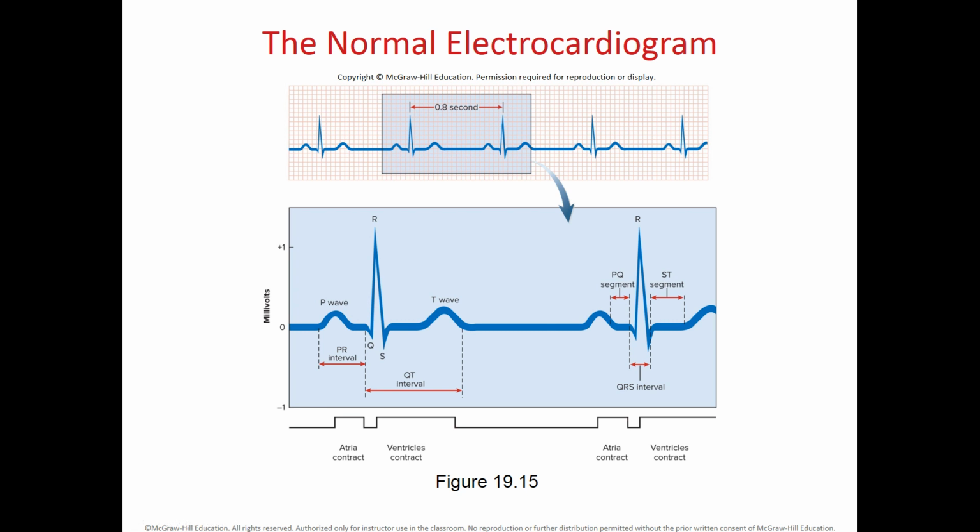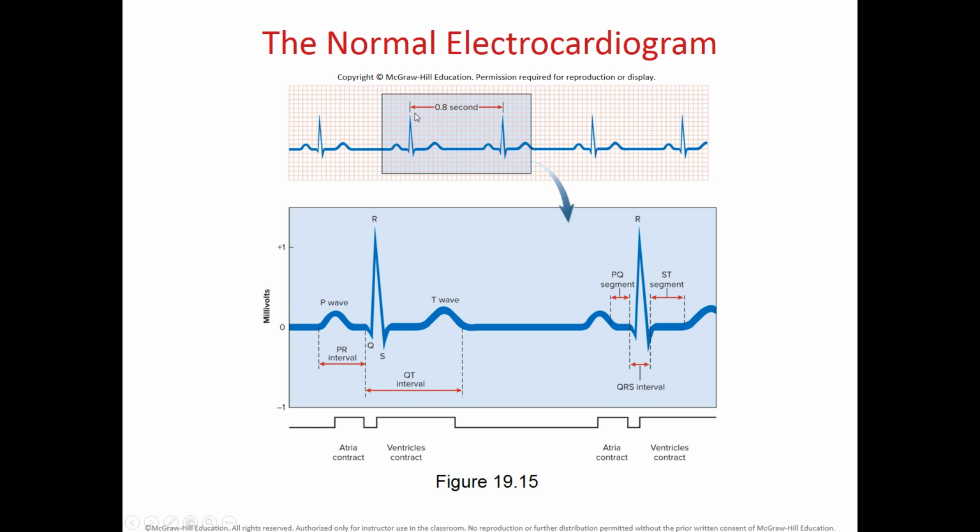So you have these little squares within this piece of paper, and then you have also large squares. And you have to count the number of large squares between the two R's if you have a regular rhythm, which in this case you see because you can see the P waves at regular intervals of time, which in this case will be 0.8 seconds.